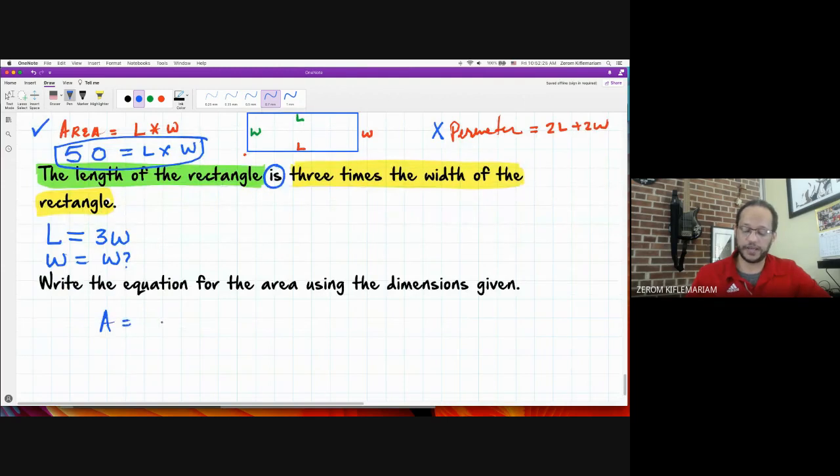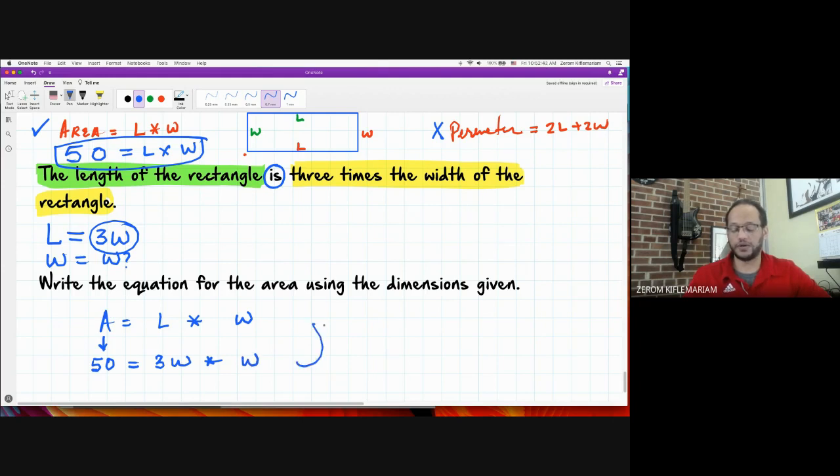Area is given by length times width, but area is given by 50, is equal to L, which can be rewritten as 3W, but they didn't tell us anything about W. If you try to simplify it, it would be 50 is equal to 3W squared, because W times W is W squared. That would be a way to leave our answer. If the question was just write the equation, that would be it.